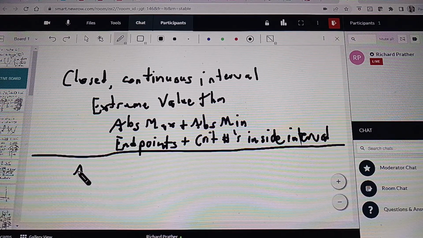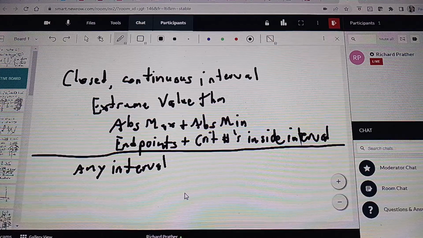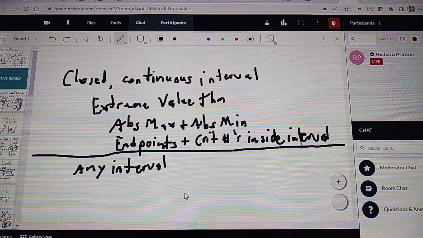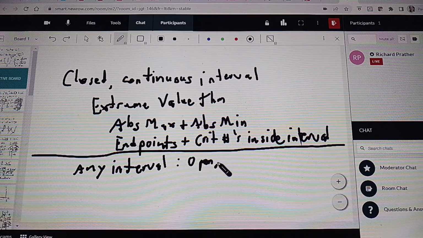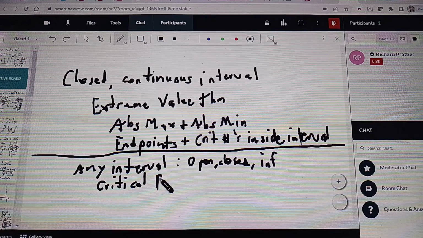If you have any interval at all, whether it's open, closed, or infinite, doesn't matter, but it's more useful when it's not closed, because if it was closed, I would use this. Any interval at all, open, closed, or infinite, this is called the critical point theorem. Here's the whole key to this one.